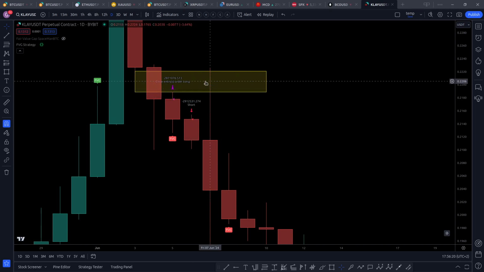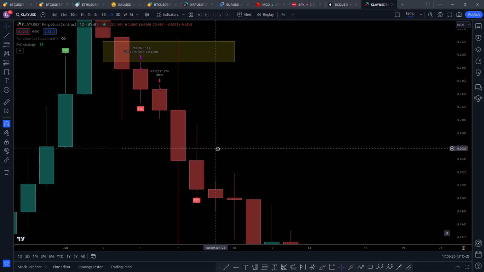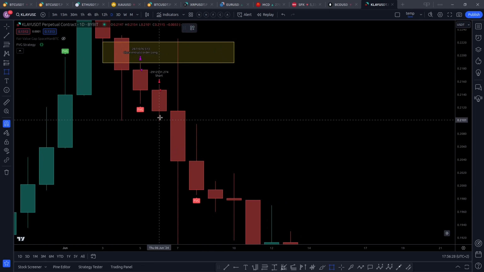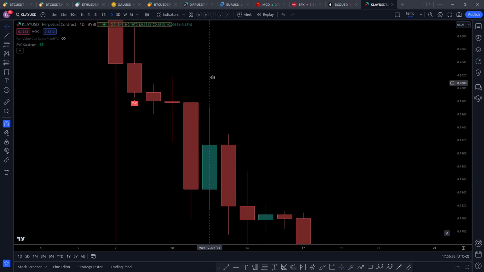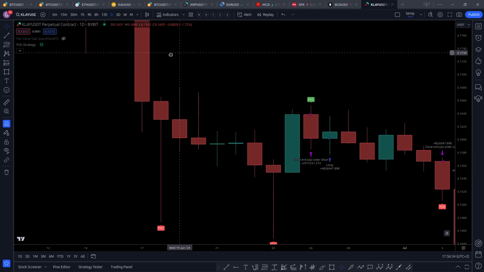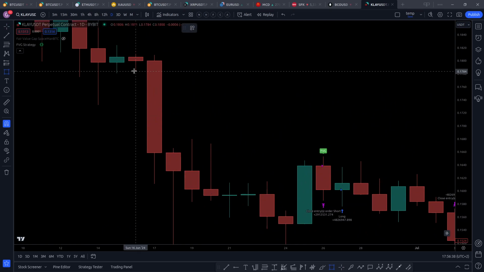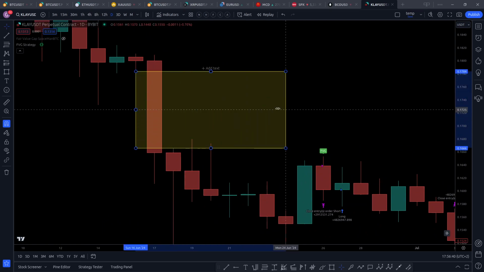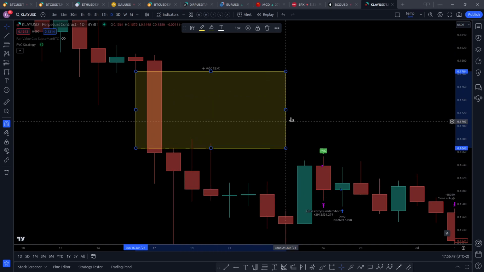Also here, nicely, we got retapped again into this fair value gap before continuing down. Then also here we have a very small one, and so on and so on. Here is also a big one, a very nice one. And then on this candle we tapped into it again, and the next one as well.